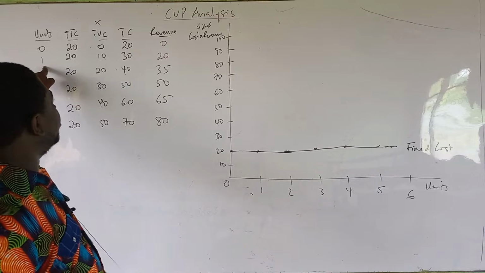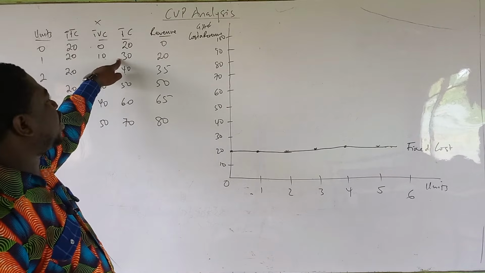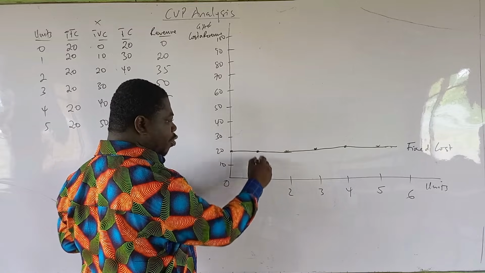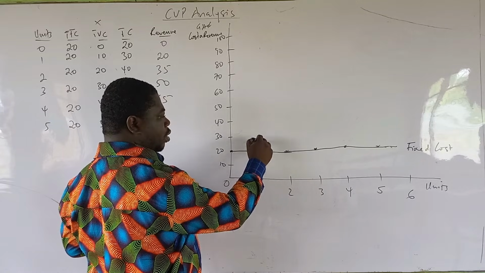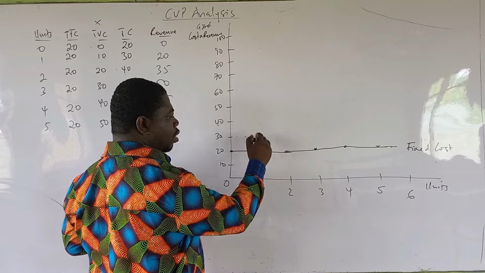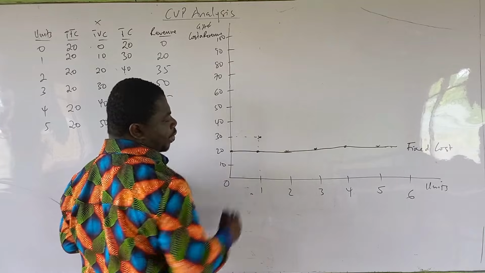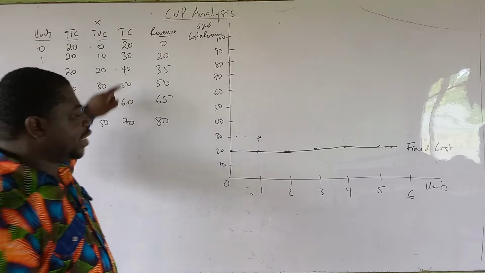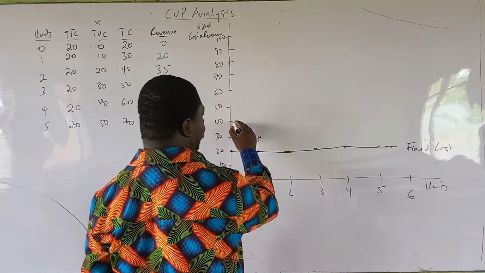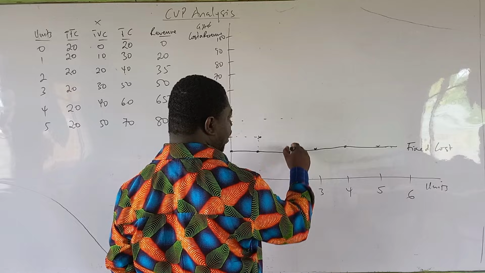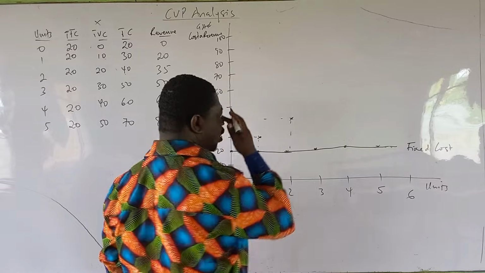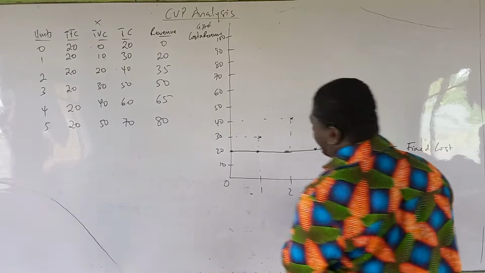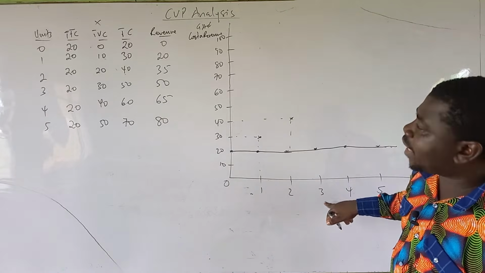Then when the unit produces 1, total cost is 30. So 1 against 30 will move up like that. So we plot it somewhere here. And then 2 against 40. So unit 2 against 40, we can trace like that. I hope you are following. Then 3 units against 50.